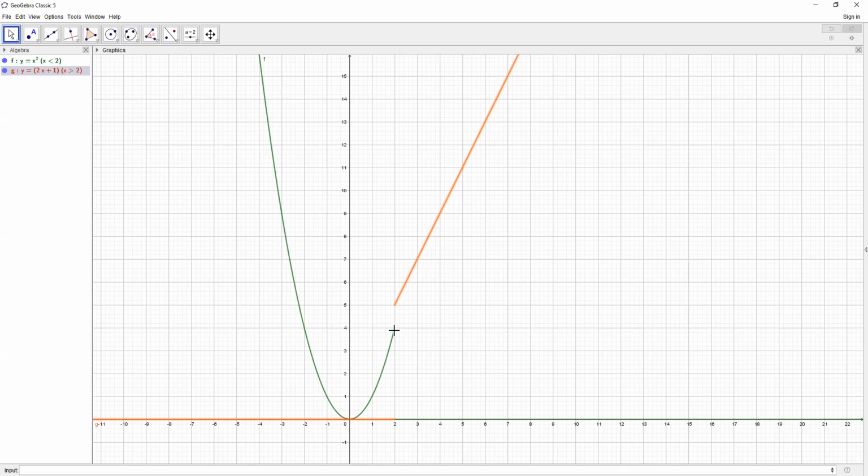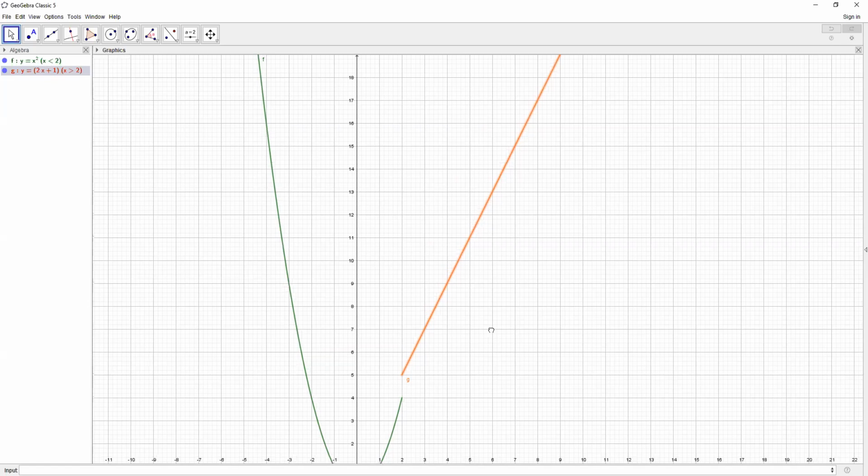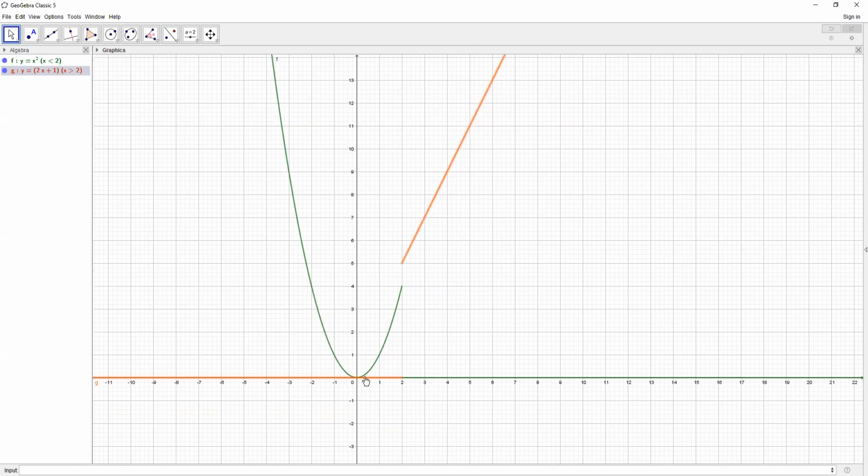The actual function is both the green curve you see here and its continuation with this orange line. The two of them together are the total function. Down here on the x-axis, we have some extra stuff which I can't really get rid of.